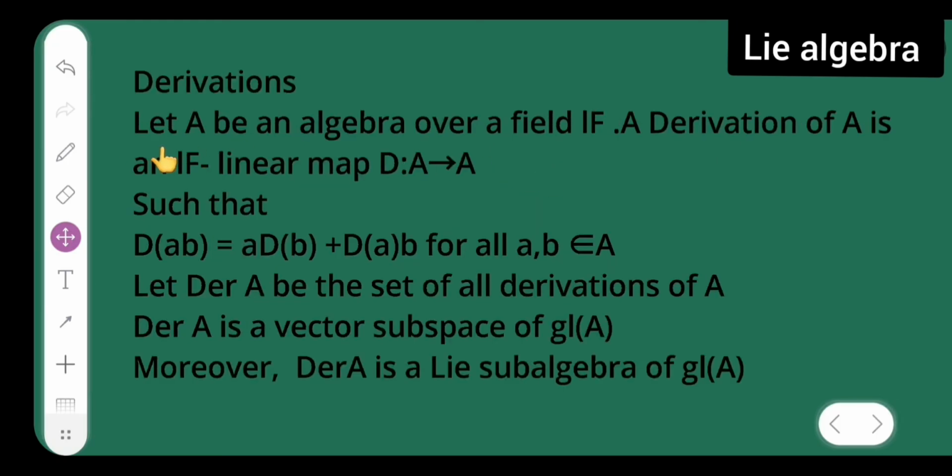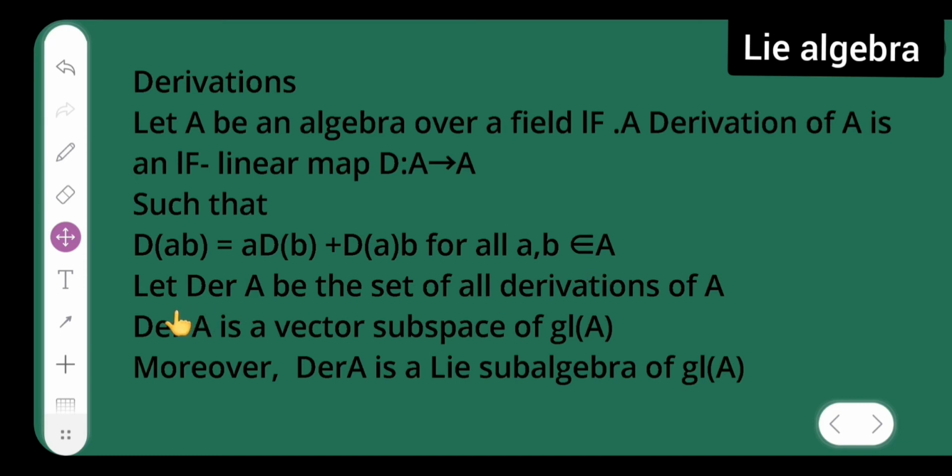Okay, let A be an algebra over a field F. A derivation of A is an F-linear map D from A to A, such that D of AB is equal to A times D of B plus D of A times B for all A, B belonging to A. A is nothing but an algebra, right?